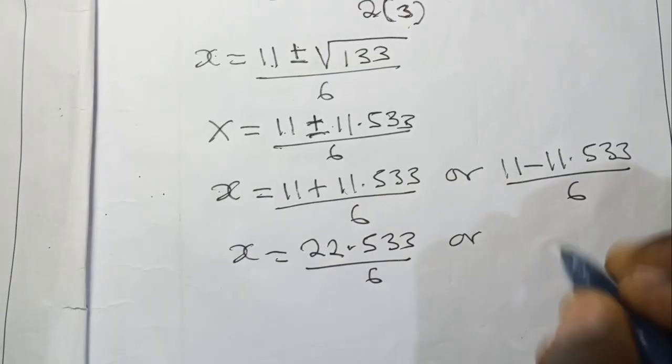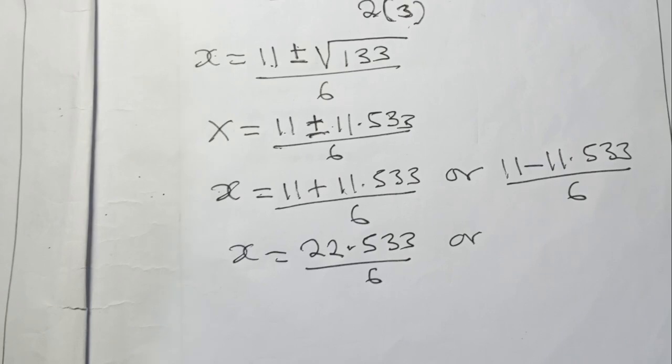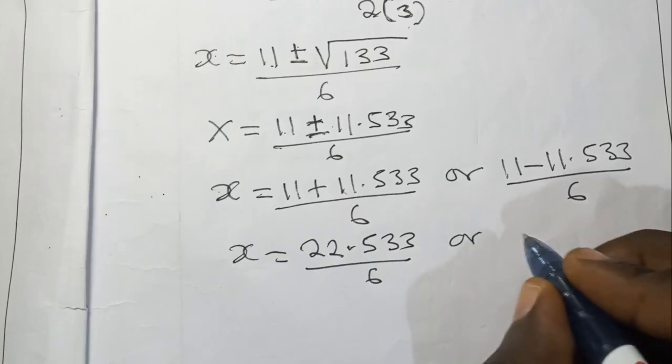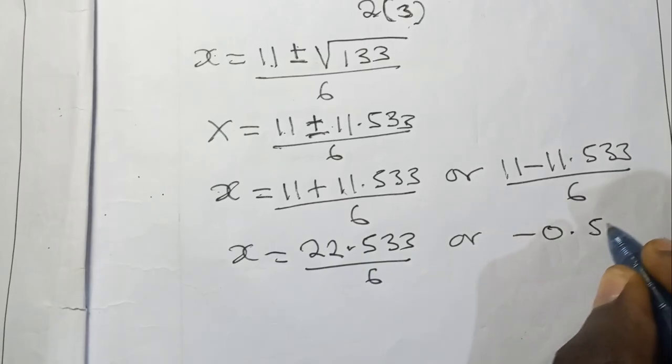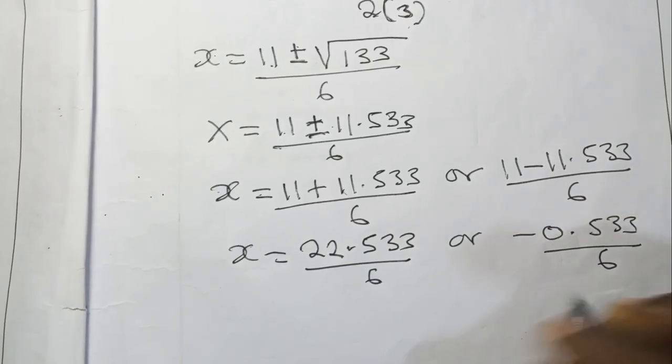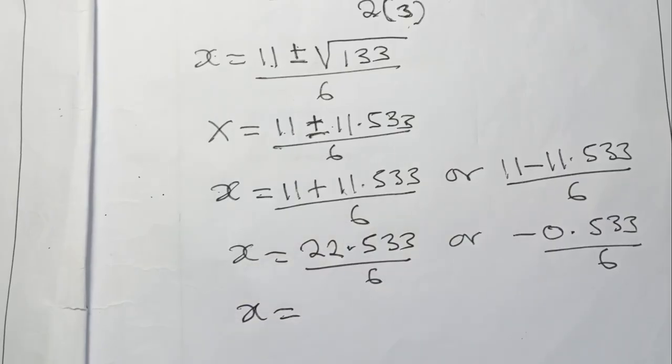The other answer, 11 minus 11.533, gives negative 0.533 over 6. So we have two answers.